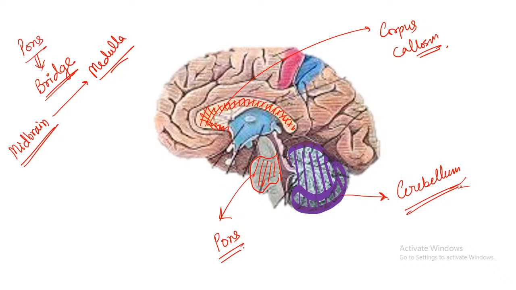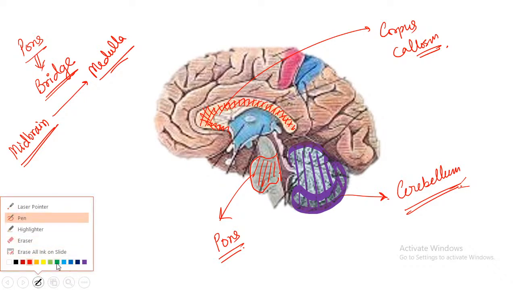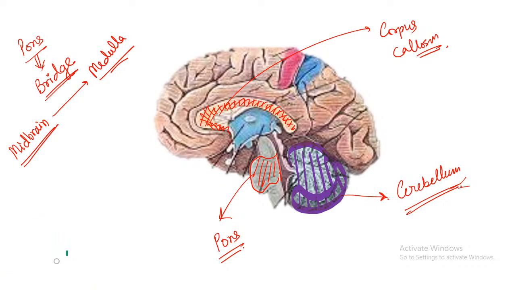Now suppose I ask you what is this part? What is supposed to be over here? This is going to be the thalamus.